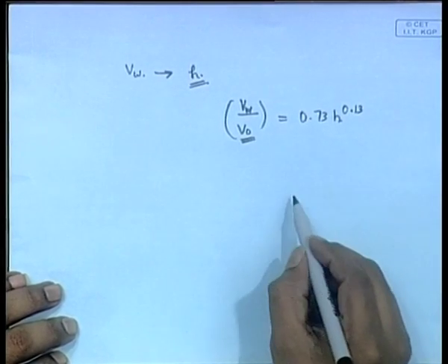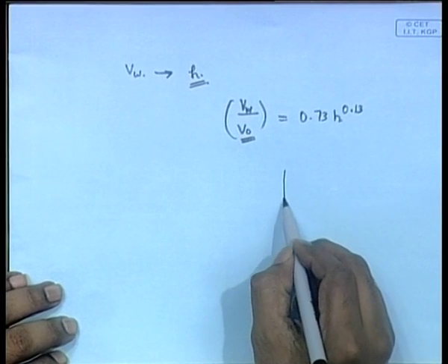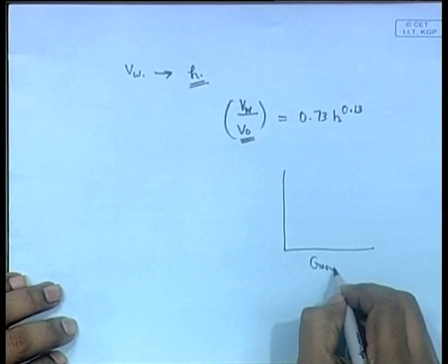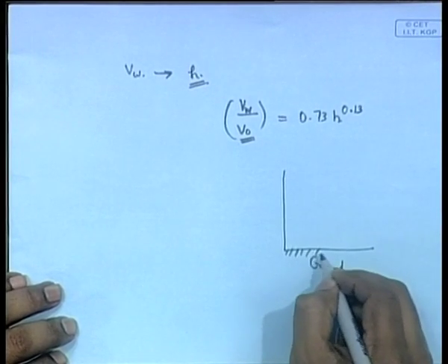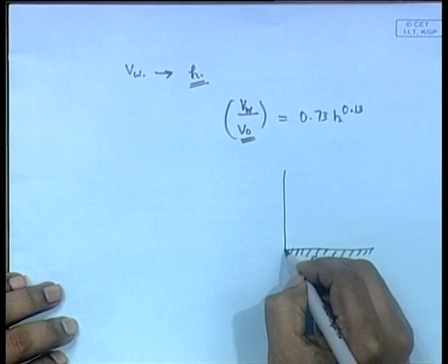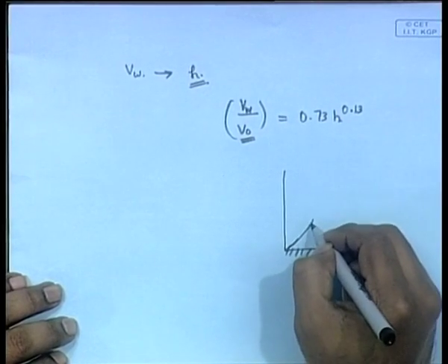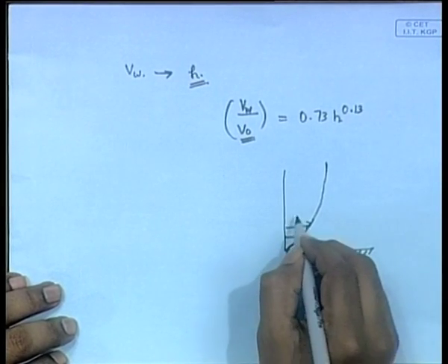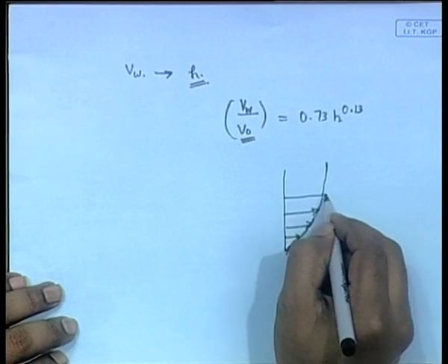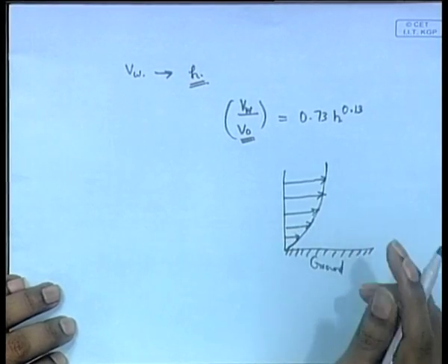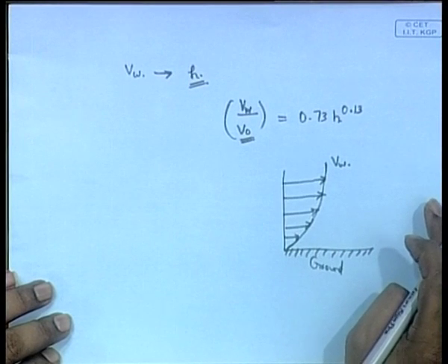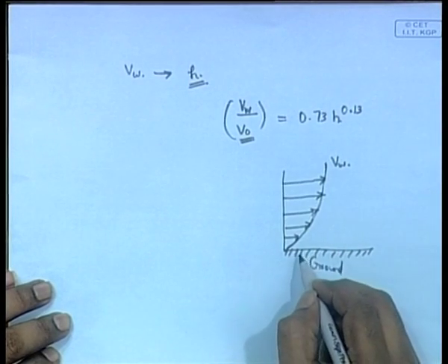The reason is that in general the wind profile is always like this. If you consider this to be the ground, the wind profile will look like this, as a function of height from the ground, and this is the velocity of wind.